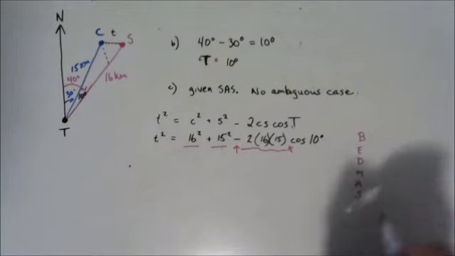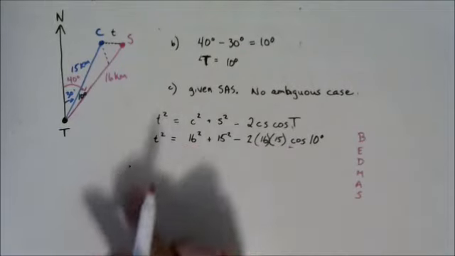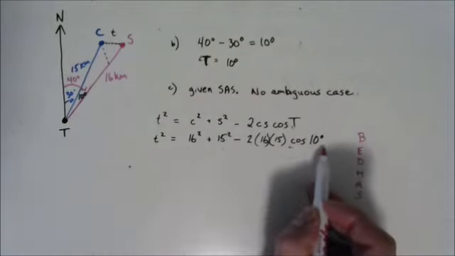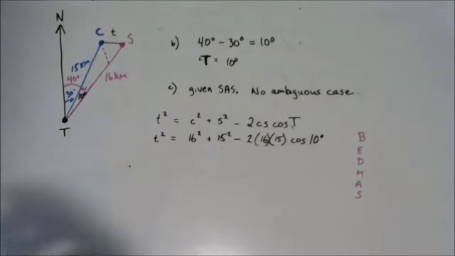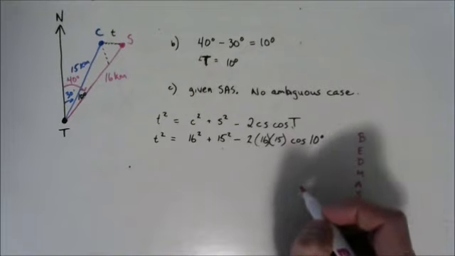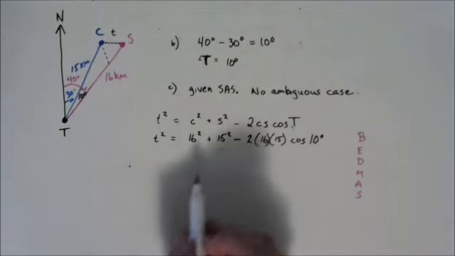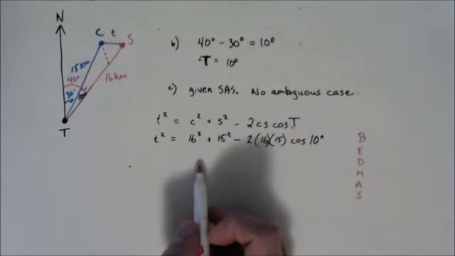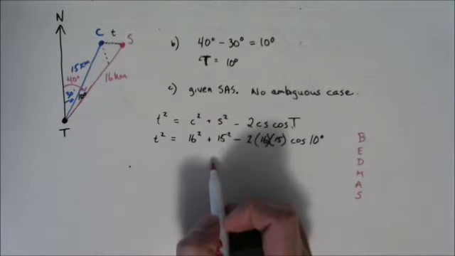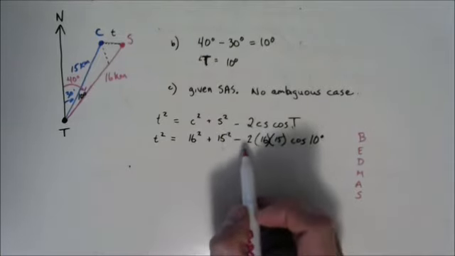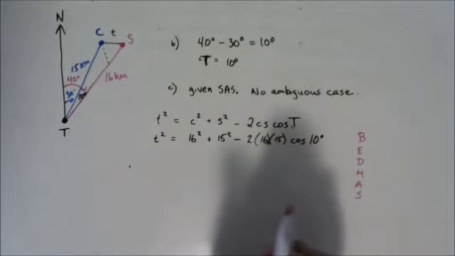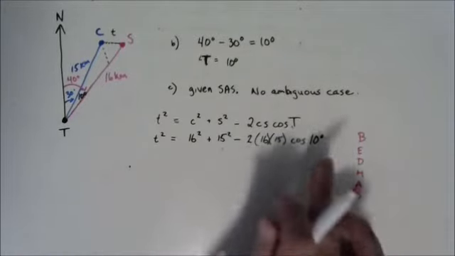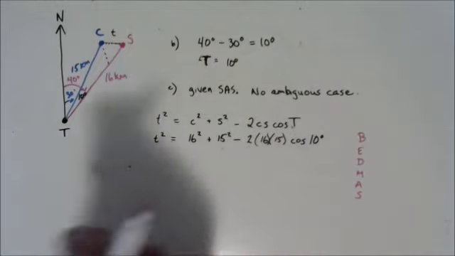Now, if you simply type this whole string into your calculator exactly as you see it here, your calculator will churn out the right answer, assuming that your calculator is in degree mode. Otherwise, you could do it piece by piece. You could do 16 squared plus 15 squared, enter, and then hit minus and do this whole string. But again, you need to make sure that you type it in properly, that you have your brackets, and your calculator will do it properly.